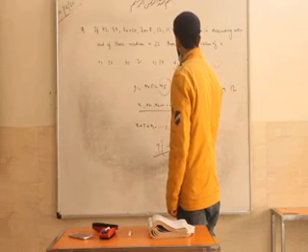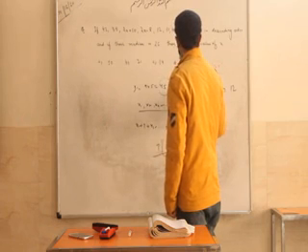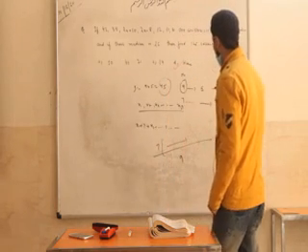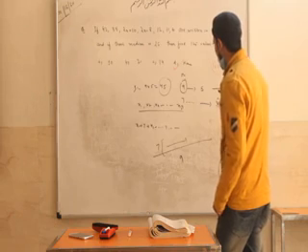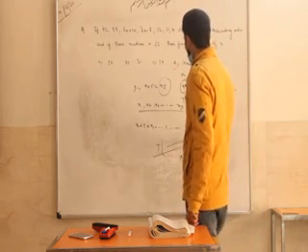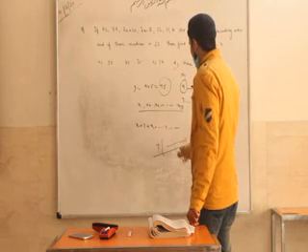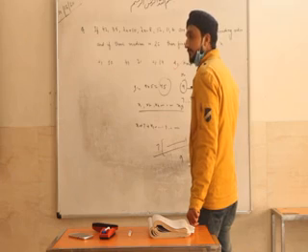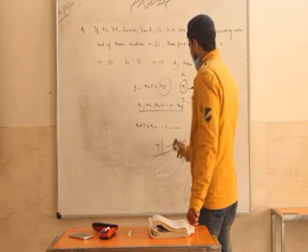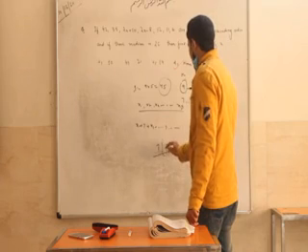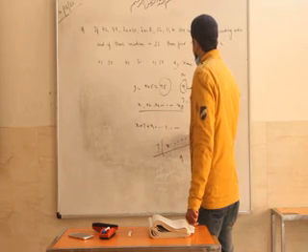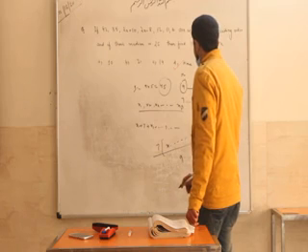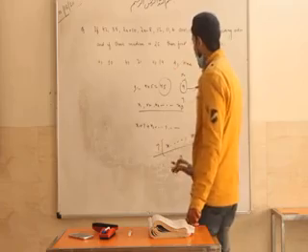Then the new mean is the new sum divided by the number of observations, which is 9.